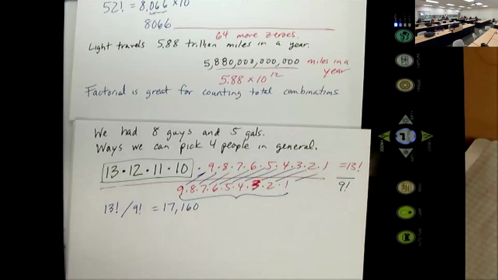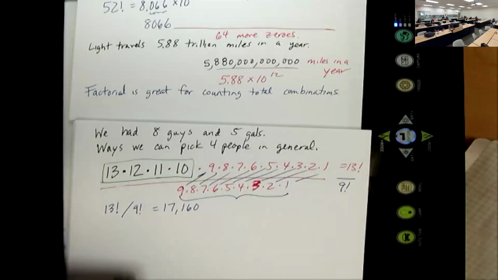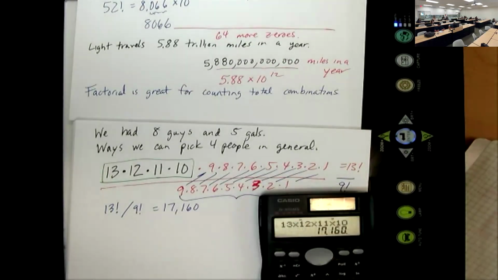Or I could, if I wanted to take the time, do 13 times 12 times 11 times 10. I get the same back, as you can see there where I multiplied. Now, in this case, I think it might have been just as fast to do the 13 times 12 times 11 times 10. But in some cases, it's much easier to do this factorial and canceling out.